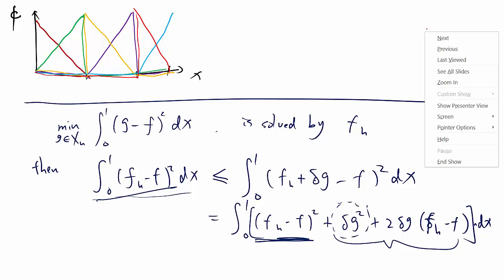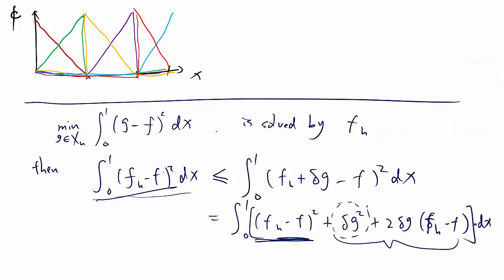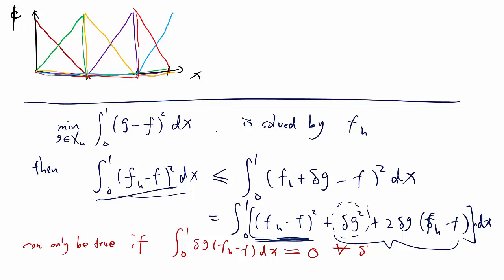Okay. If I choose delta g to be very small, that means this inequality can only be true if this integral of only the first order term, delta g times fh minus f dx, is exactly equal to 0 for any delta g.